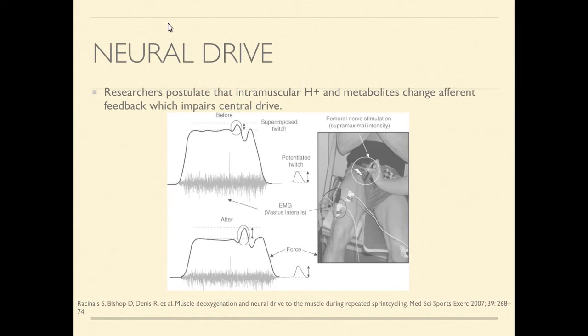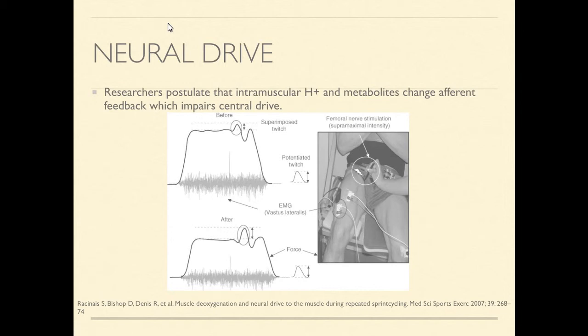What you're looking at here is a technique called twitch interpolation. So basically, what you're looking at is essentially force output. And you have force output, which represents a portion of your motor unit's recruitment, and then you superimpose electrical activation.